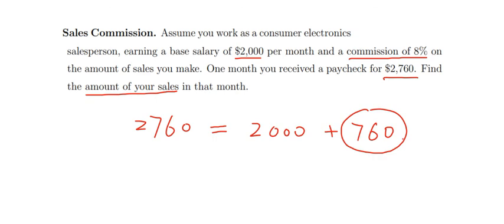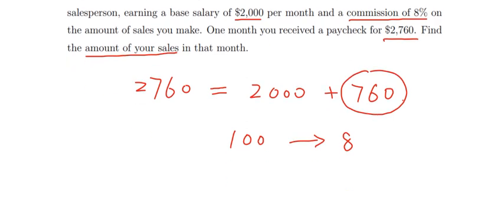So let's say for 100, you get $8, right, as your commission. But this month you get this much. Then we want to find out what your sales are. How much did you sell?